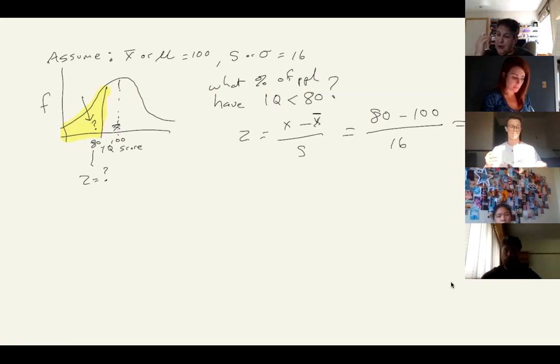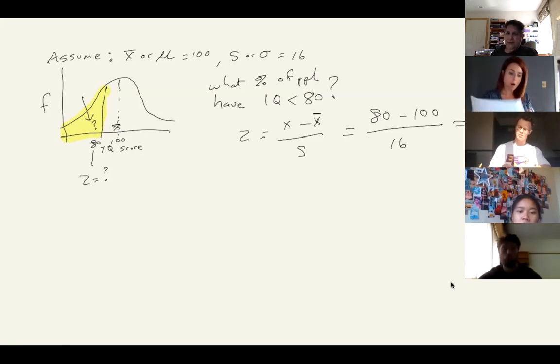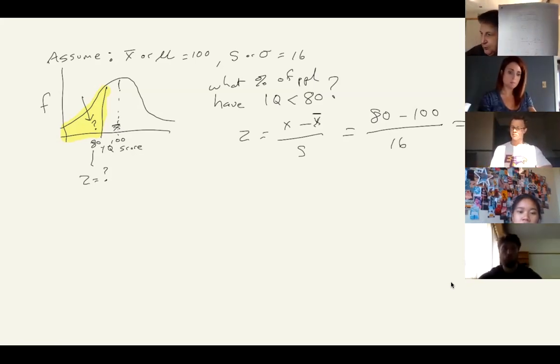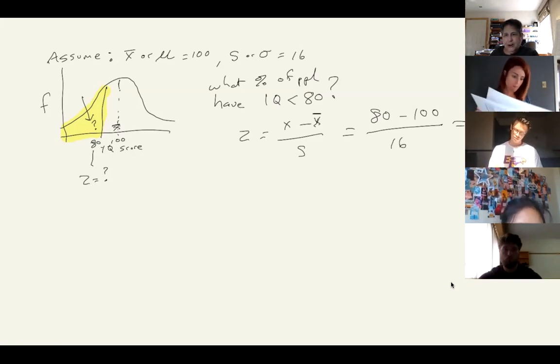Okay, so now we know z. Now, go to your table. You guys should have a copy of this sitting on your desktops or someplace easy to get to it. I finally found my paper version, so I don't have to keep switching back and forth between files. And find the z-score. It's a symmetrical curve, so it doesn't matter whether it's positive or negative in terms of finding z.